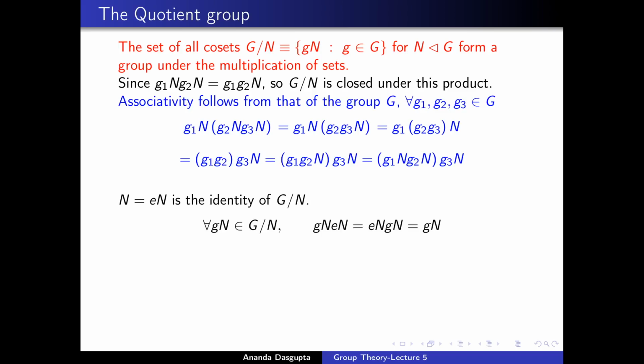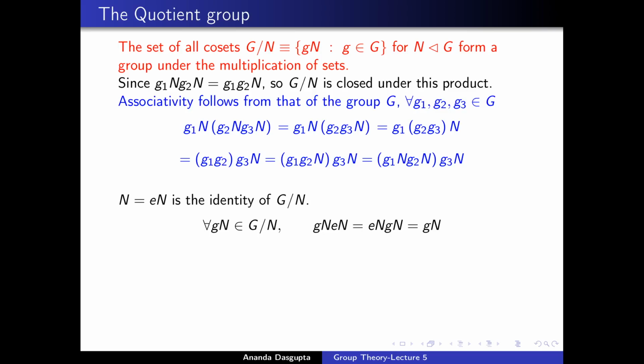Well, all you have to do is check whether for all gN which belongs to G/N, gN eN is the same as eN gN, which is the same as gN. This is rather trivial from the rule that we had worked out. After all, gN eN is simply geN, and ge is of course g. That's sort of obvious from the group multiplication rule.